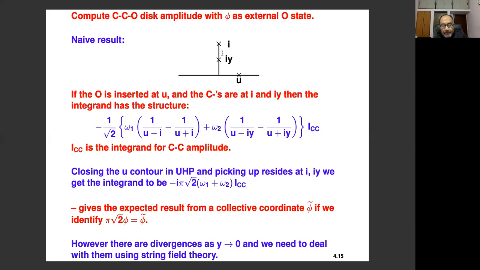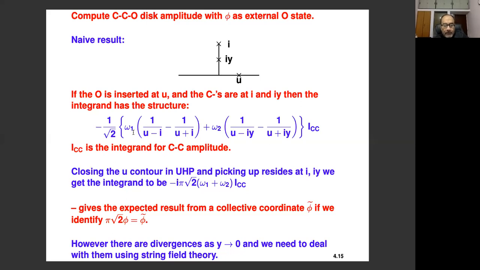And then you just pick up the residues from this. So you pick up a residue at I, and because of the upper half plane, there's an image at minus I, and minus iy. So you get 1 over u minus I and 1 over u plus I. Similarly, 1 over u minus iy and 1 over u plus iy with coefficients omega 1 and omega 2, because that's like e to the I omega 1 x, e to the I omega 2 x.